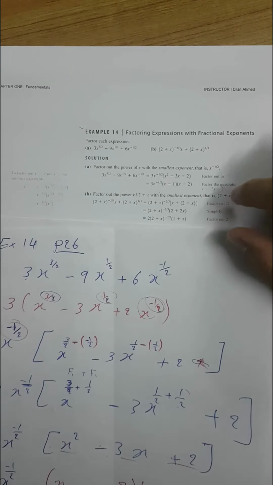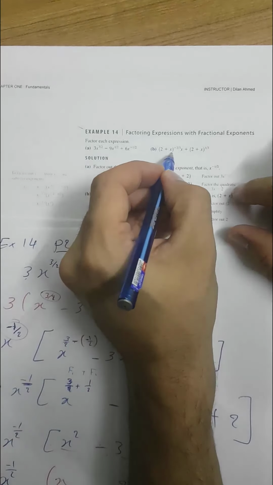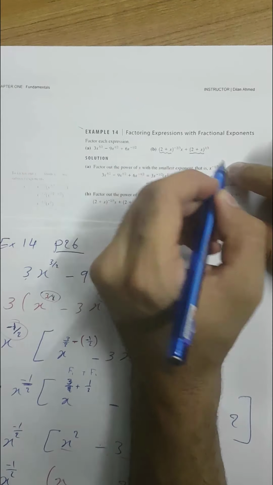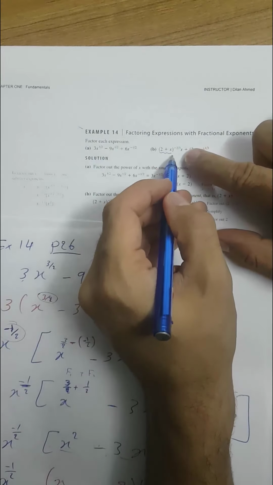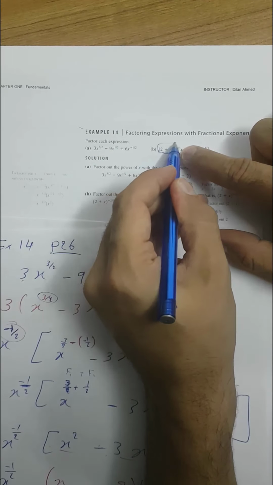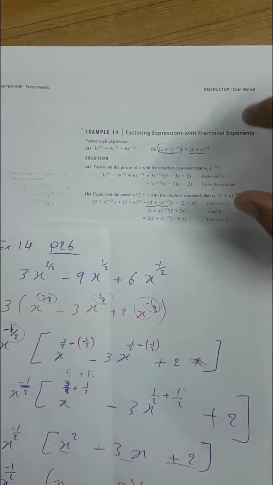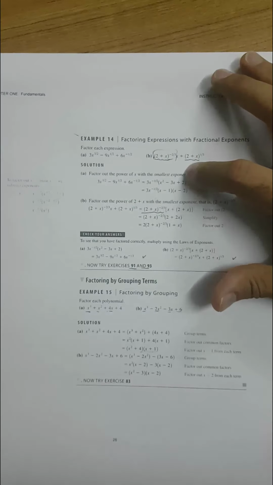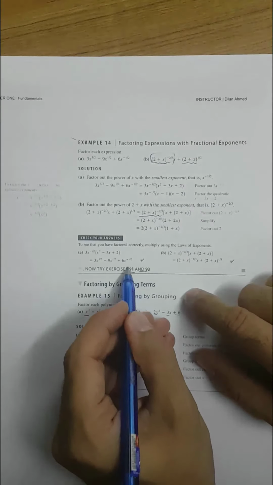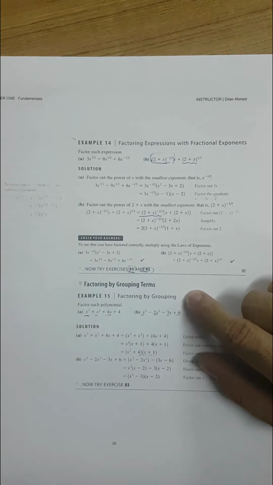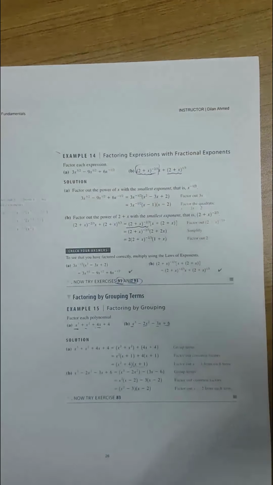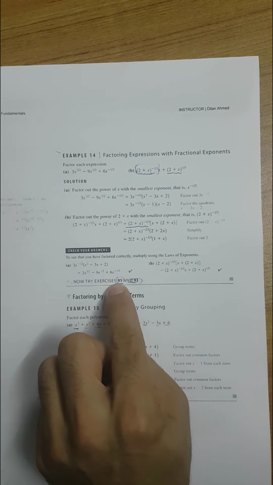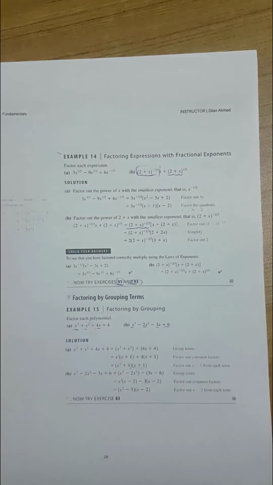It's easy, but the important part here is that you should take this as a common factor, because this is the smallest exponent. So please try to solve B and 91 and 93. Try to solve this example part A at least 2 or 3 times. Really, you need to. Then go to solve 91, then go to B and 93.